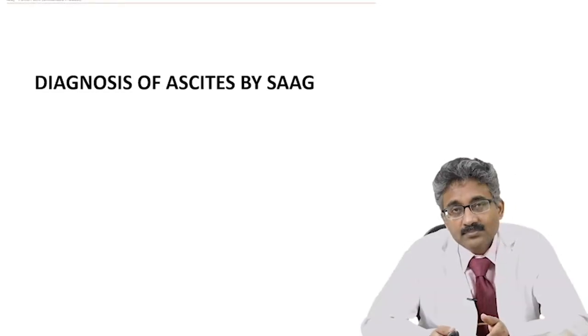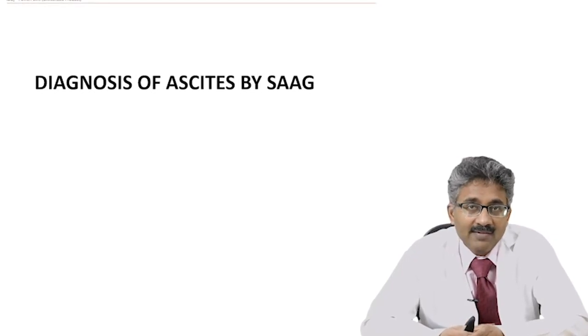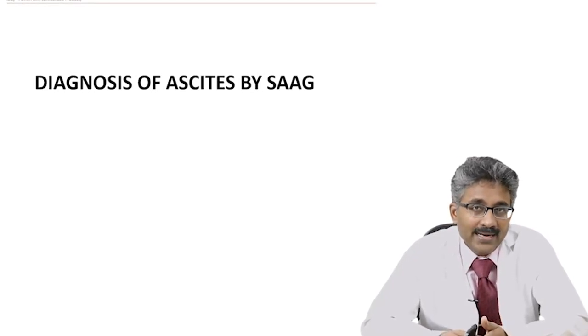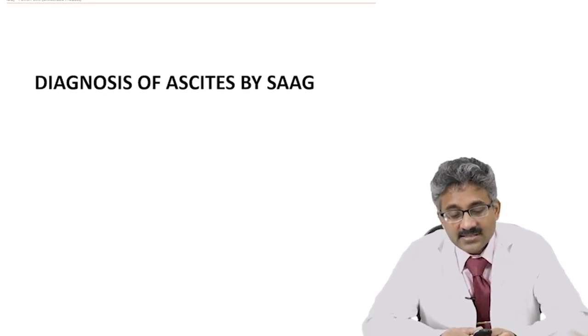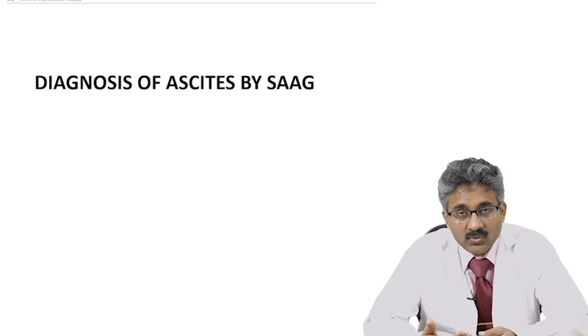What is the mechanism in non-cirrhotic causes? For example, if there is a malignancy, peritoneal malignancy, tuberculosis or pancreatitis. In a peritoneal malignancy, there is more protein exudation, secretion by the metastasis.